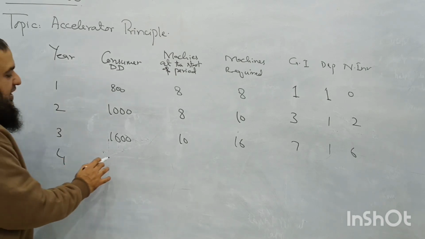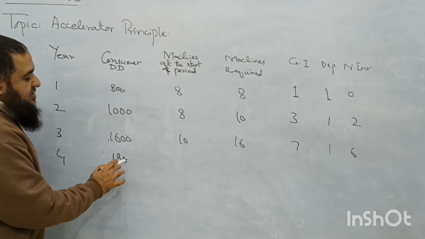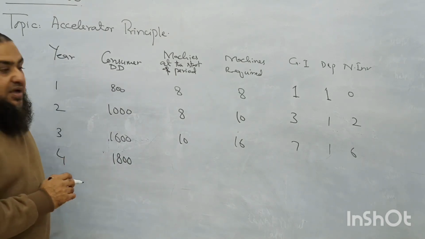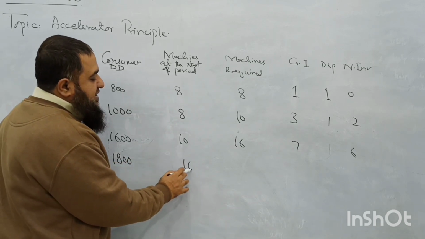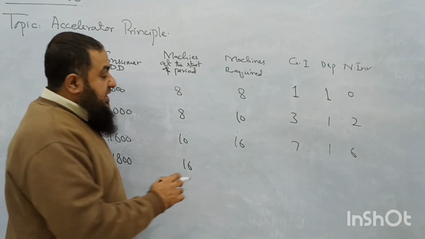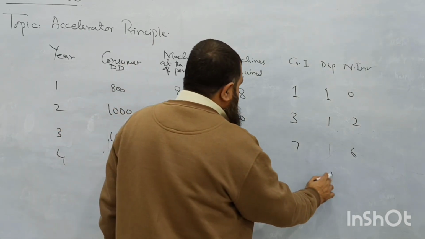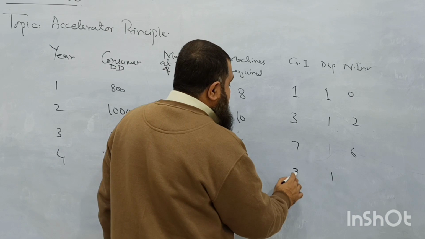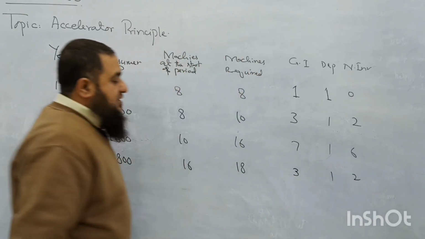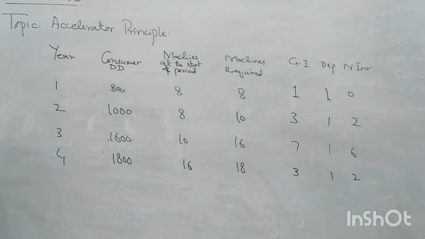Now in the fourth year, consumer demand is 1800. How many machines do we have at the start? 16. How many are required? 18. 1 is depreciating, so we bring 3, and 2 is the net investment. Clear?